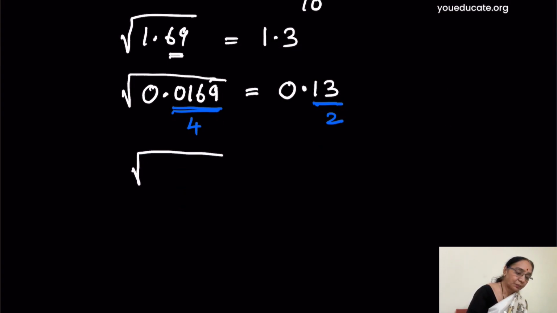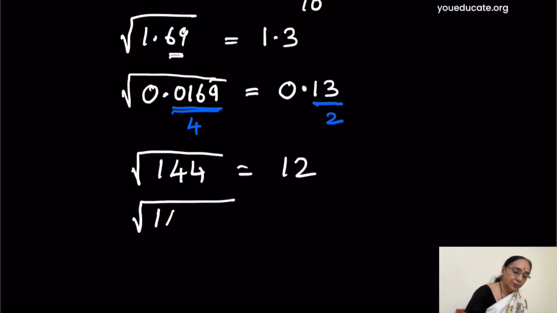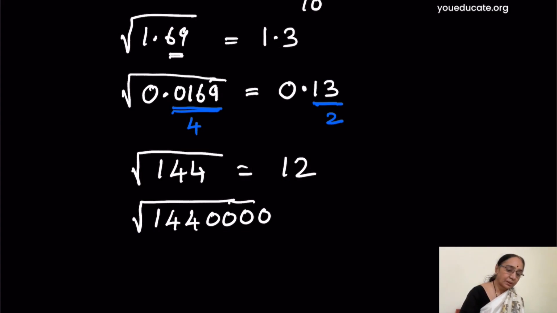Now let us try one more. The square root of 144 is 12, and then the square root of 1,440,000.